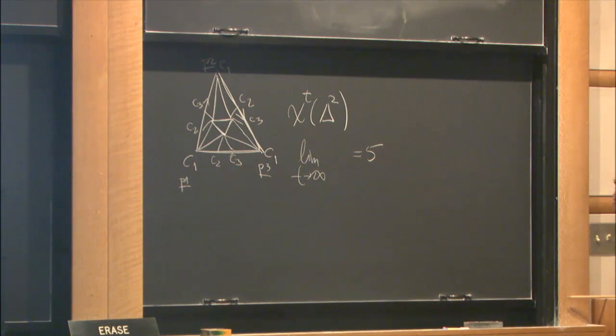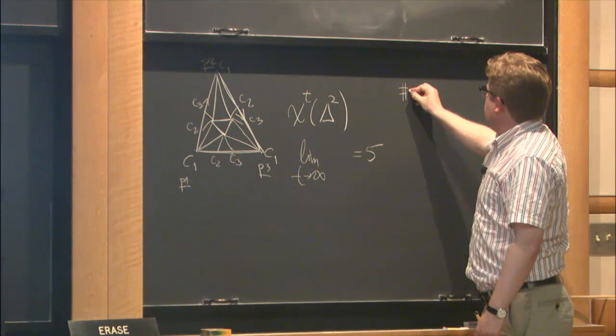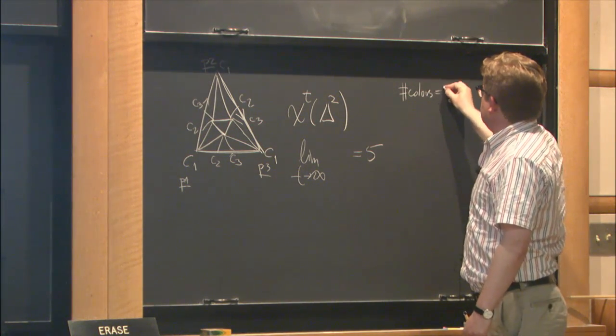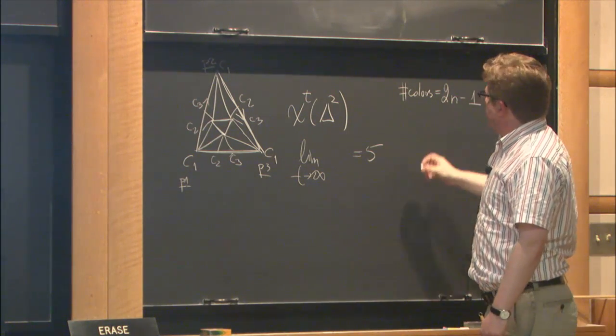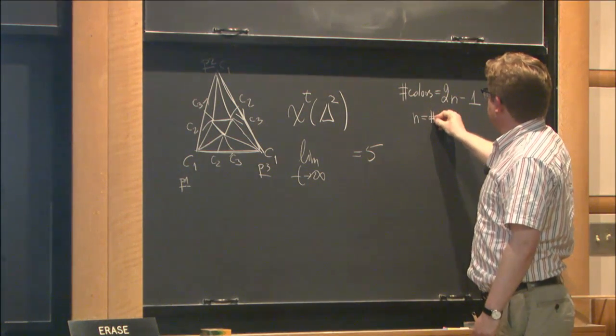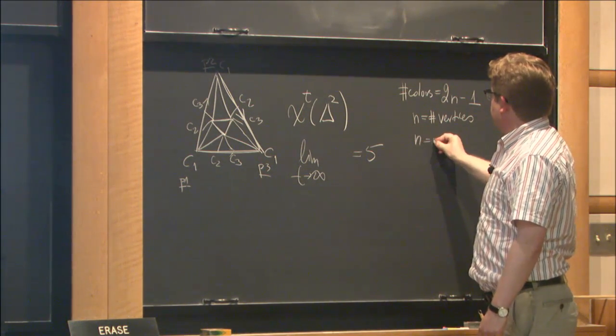And you can show that it is 2n minus 1, where n is the number of vertices, and n is a prime power.